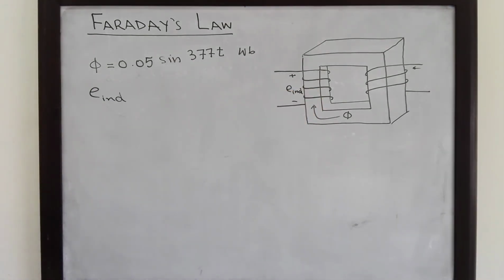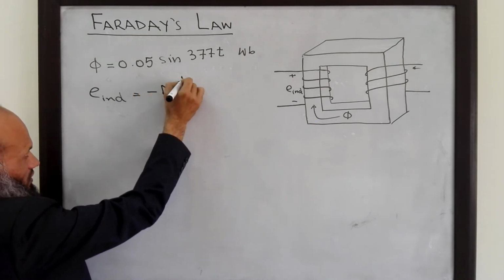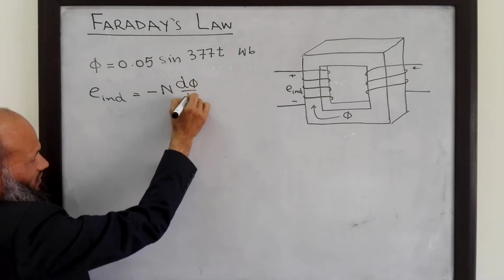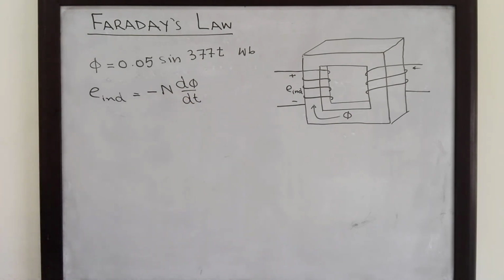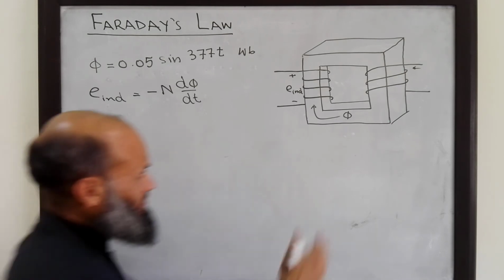We know that induced voltage is equal to minus N d phi by dt. This negative sign only tells us about the polarity, and N is the number of turns that is also provided to us.